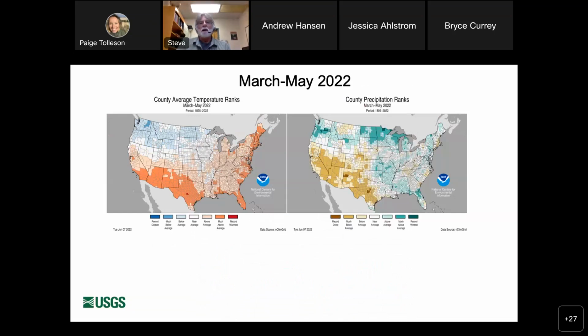In terms of the patterns, I think people are probably pretty familiar with this too. This is the March through May 2022 temperature ranks on the left and precipitation ranks on the right. You can see that there was a cool northwest in general, cool and somewhat wet, along with a warm and dry southwest, which is pretty much a standard pattern for La Nina.